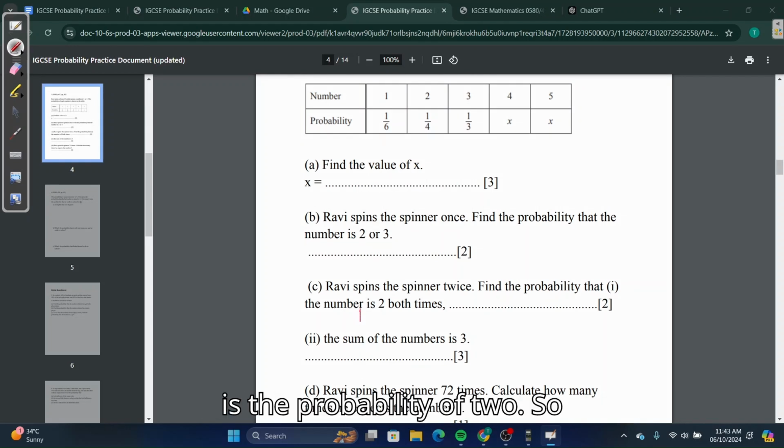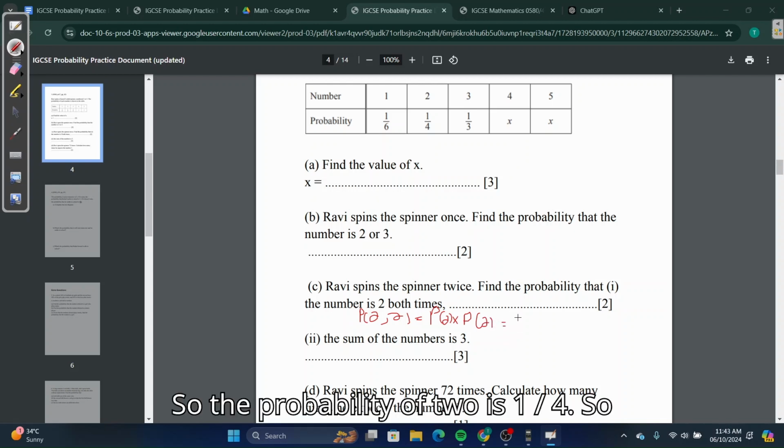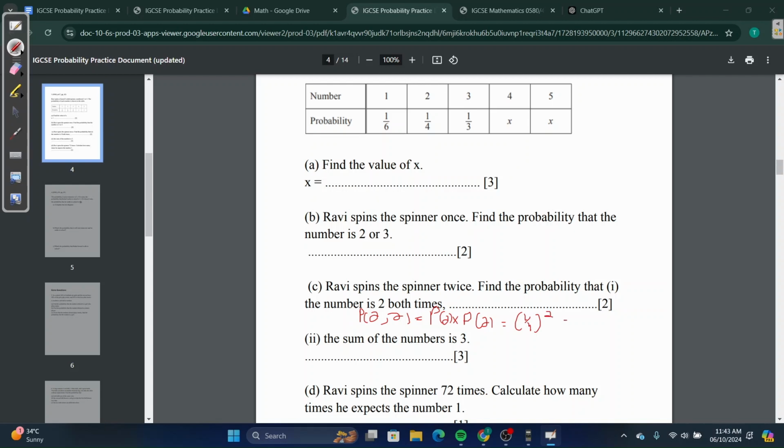So P of 2, 2 equals P of 2 times P of 2. The probability of 2 is 1 over 4. Since it's repeated, I'm just going to write 1 over 4 squared, which is equal to 1 over 16. And that is our answer.